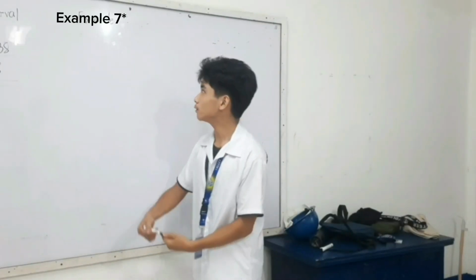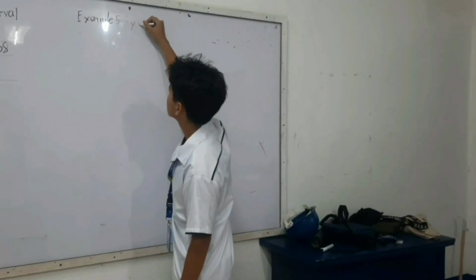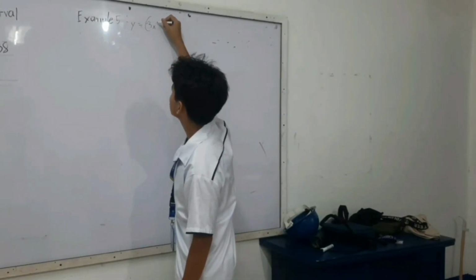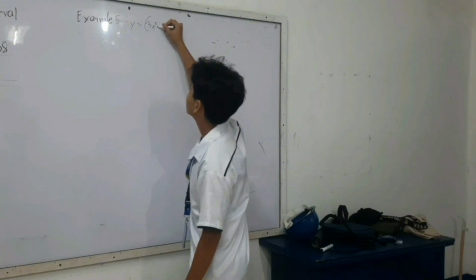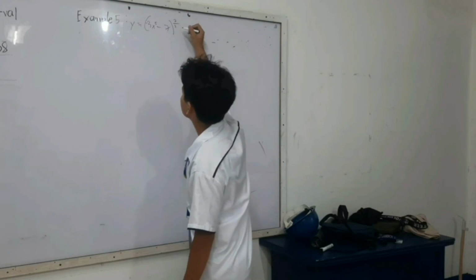For example number 5, let's say the given is 3x raised to the power of 5 minus 7, raised to 2 over 3.